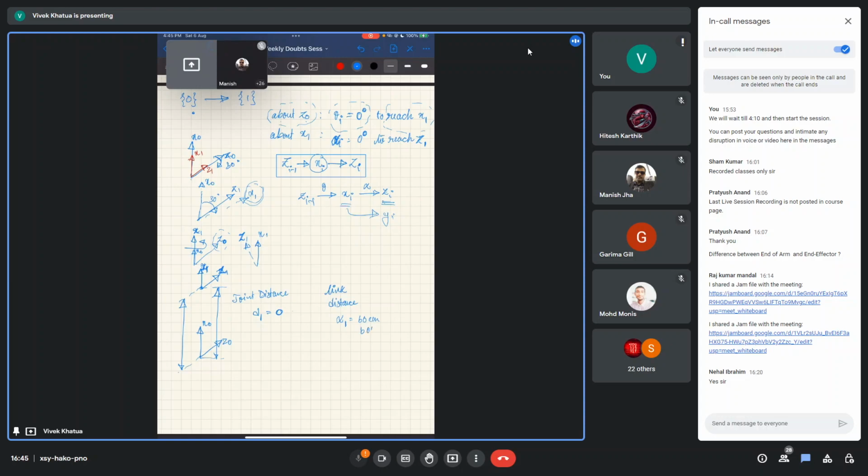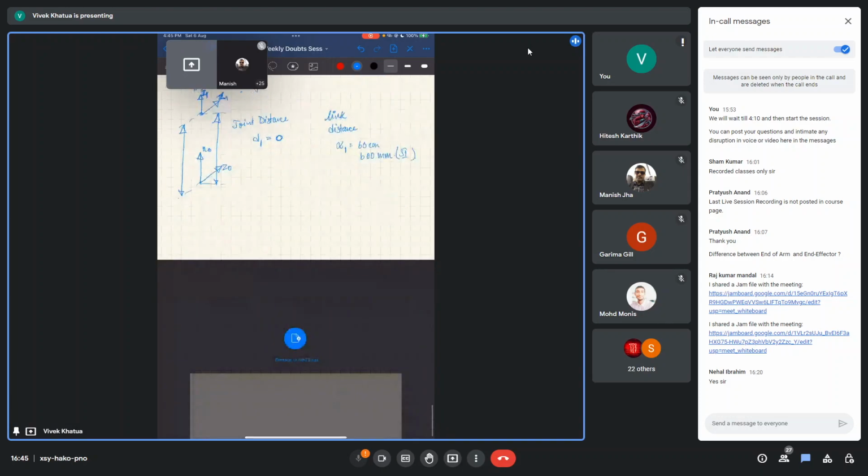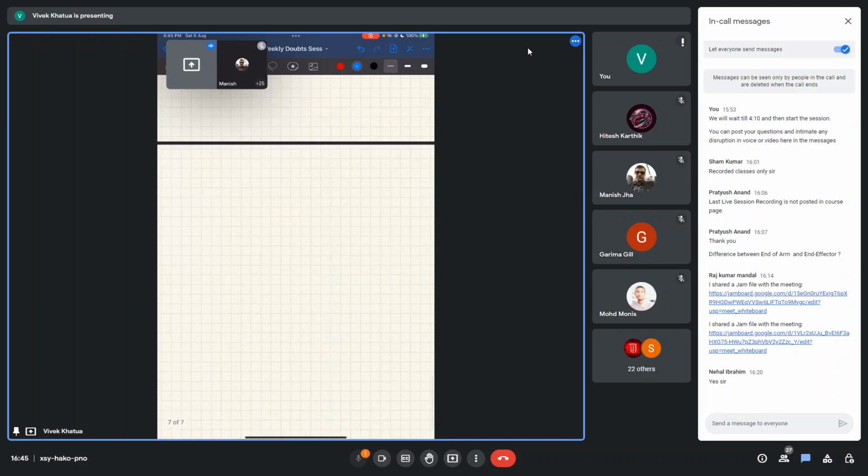Let's just keep it 600 mm, SI unit. Okay, so now we are clear about all the terms that we need to form a DH table. So let me just get into it.